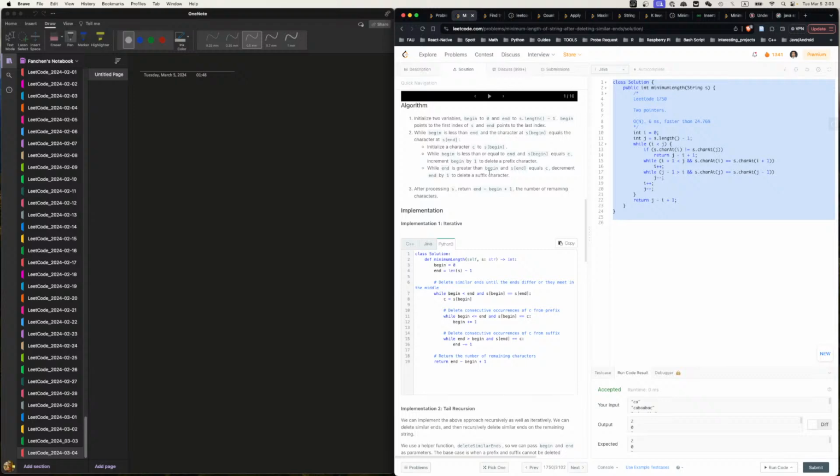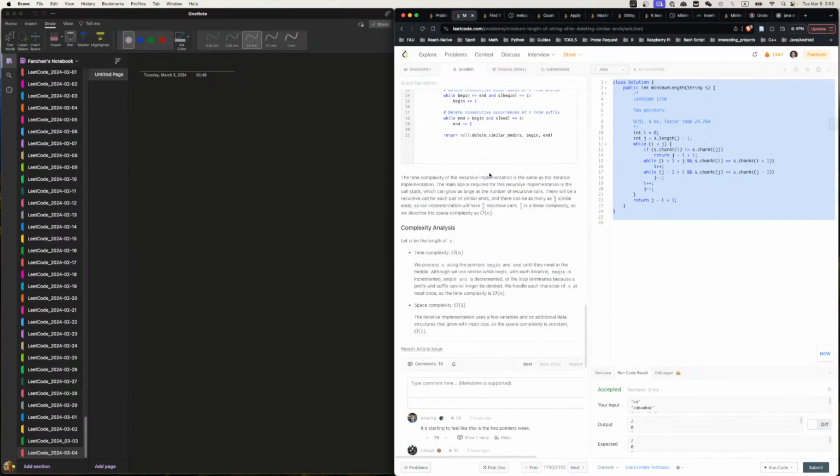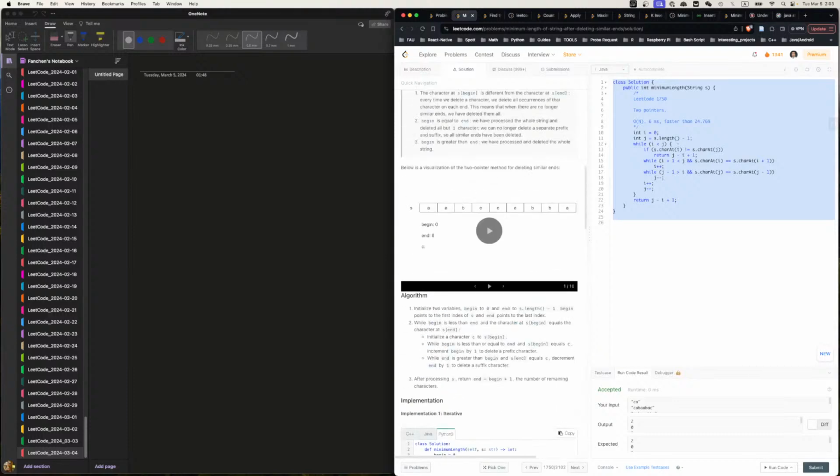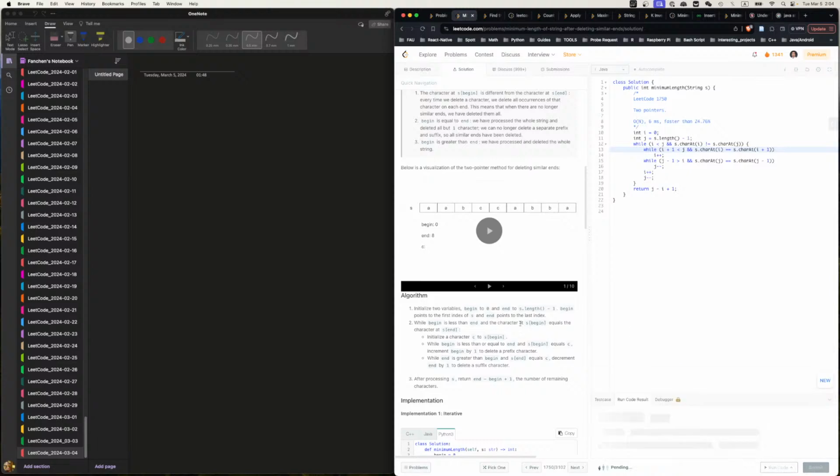I think I did too many checks, so we can actually do while they are the same. Yeah, I can actually do this. The same, don't need to do this. This one should work.